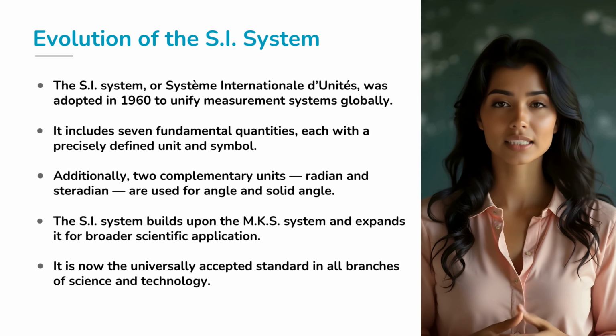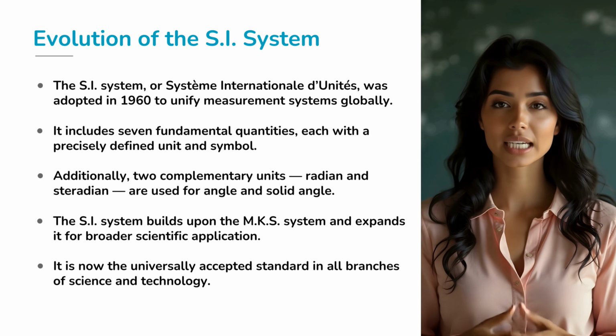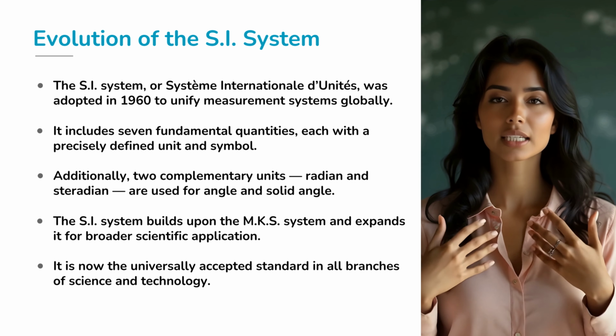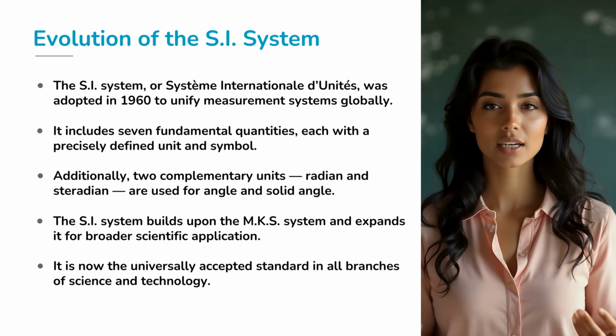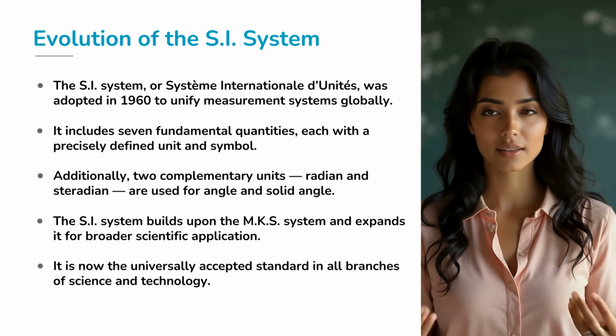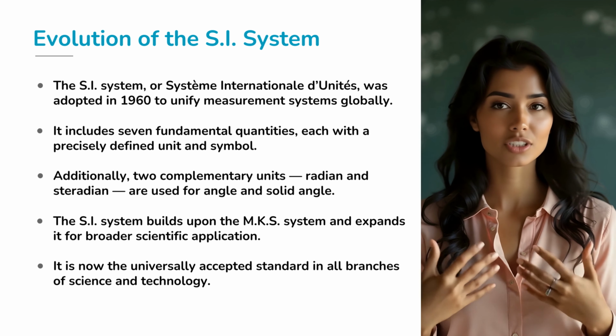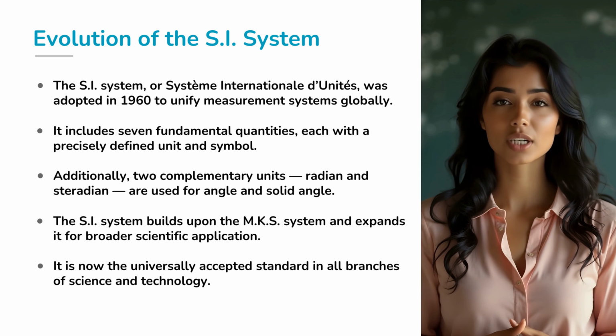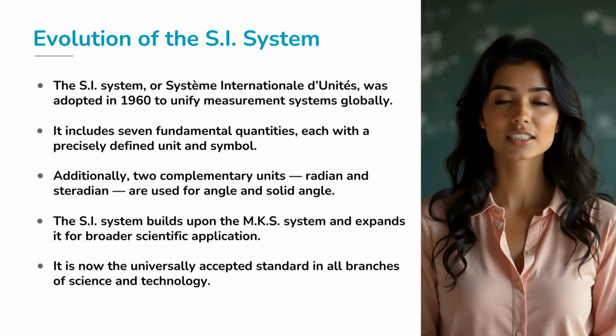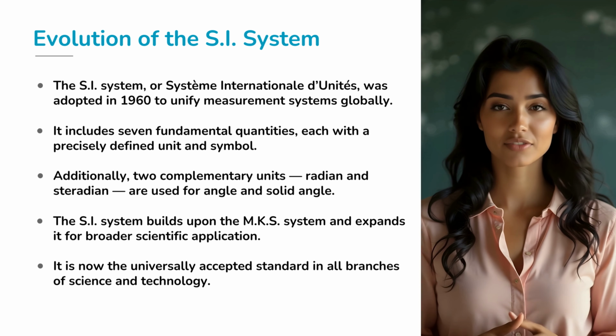To eliminate the inconsistencies and confusion created by multiple systems, the international scientific community came together in 1960 to adopt a new standard, the SI system, short for Système International d'Unités. This system is an upgraded version of the MKS system but with more depth and flexibility.